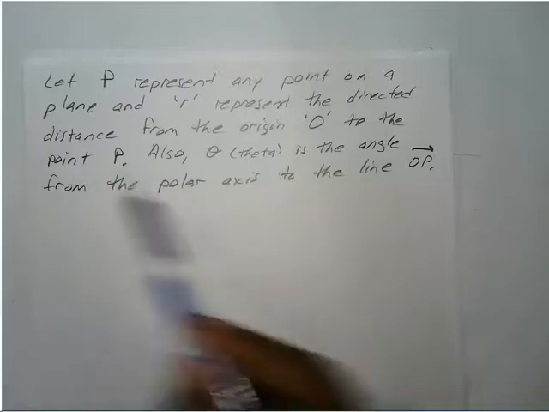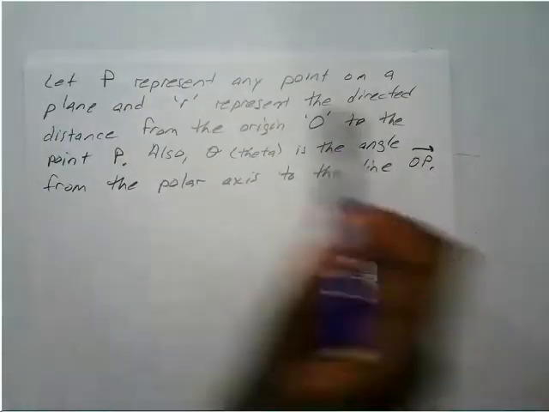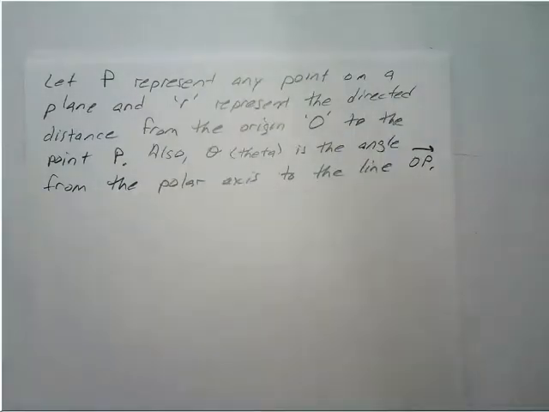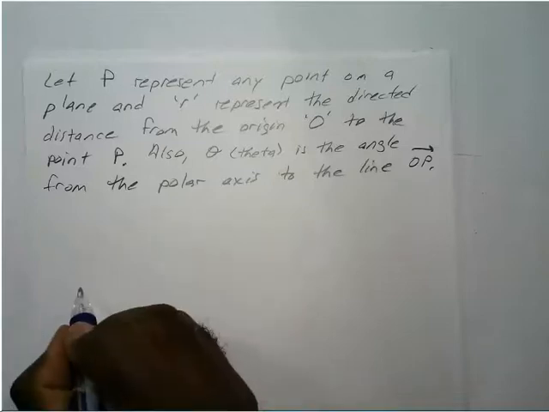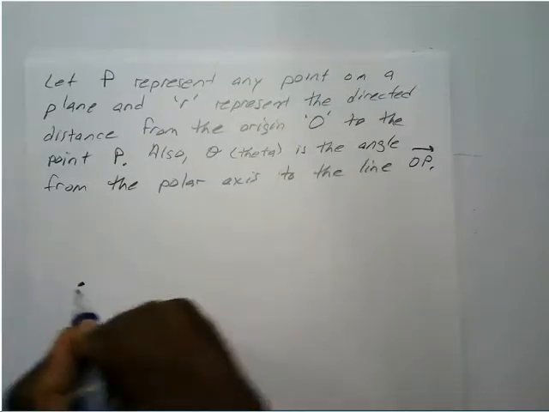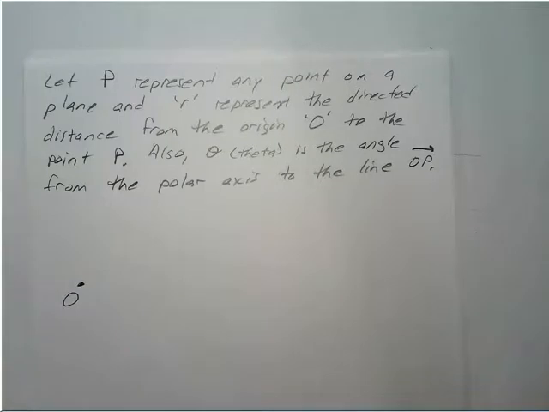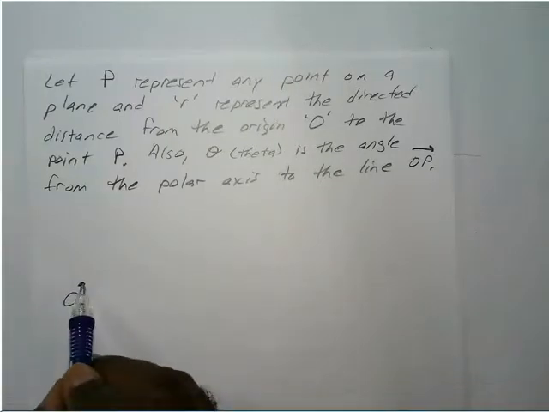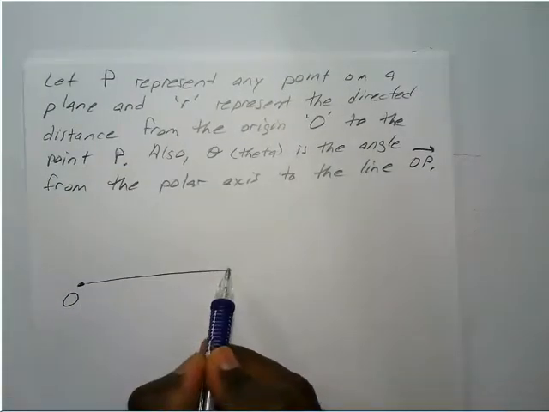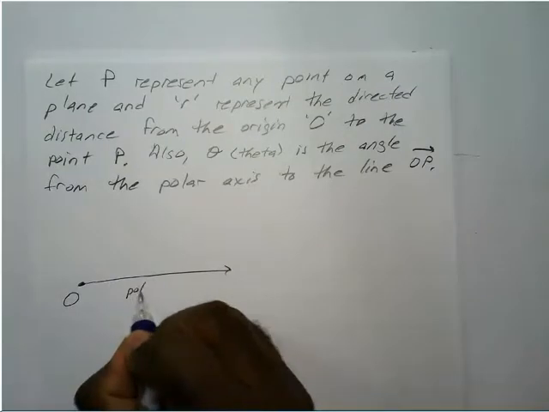Okay, so to get all of this into a nice little picture form, let's say we have our origin, remember that's our uppercase O, so that's where we're starting, and a ray leading from the origin, that's our polar axis.